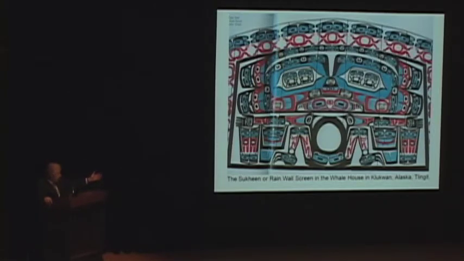The main reason why they think it's a representation of a raven, and they also call it the Raven Wall, is that the dominating crest of the chief is the raven. So the chief who owns a house is of the raven moiety, that means a very high echelon, and it's a dominating crest for him.